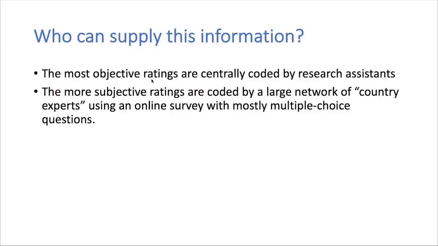Next slide. So in order to get this information, we have to identify people who have enough expertise to rate countries that they know well on a host of dozens or even hundreds of characteristics that are relevant for democracy, and often over a long span of time and annual data.